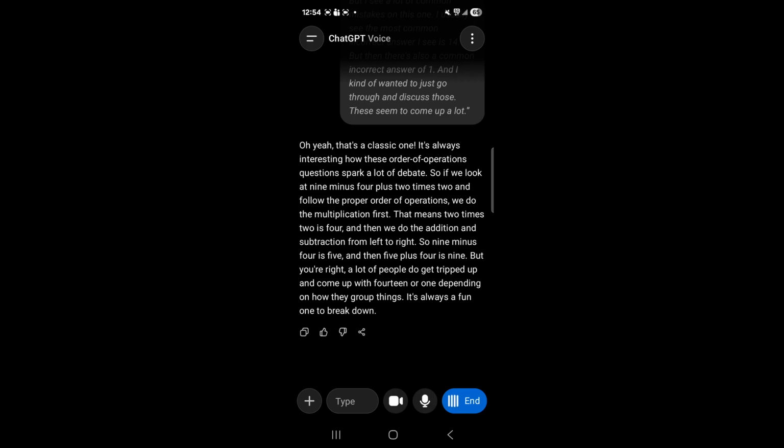Yeah, and what I run into a lot of the people that say 14, they'll say things like, well, it's just numbers together. You just read left to right. I read a book left to right. I read a sentence left to right. So I should be doing my math left to right. And I think they forget what the order of operations is all about. I think they forget the fact that it's really centuries old.